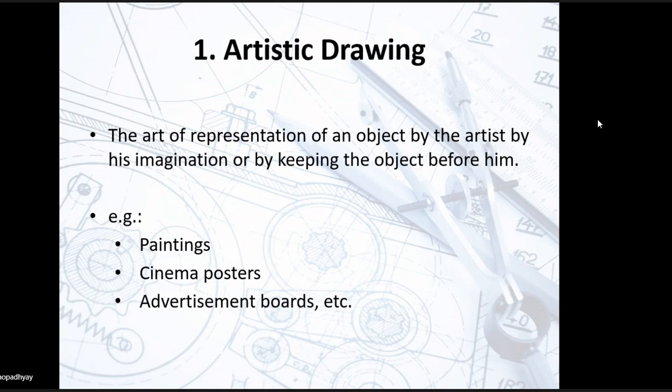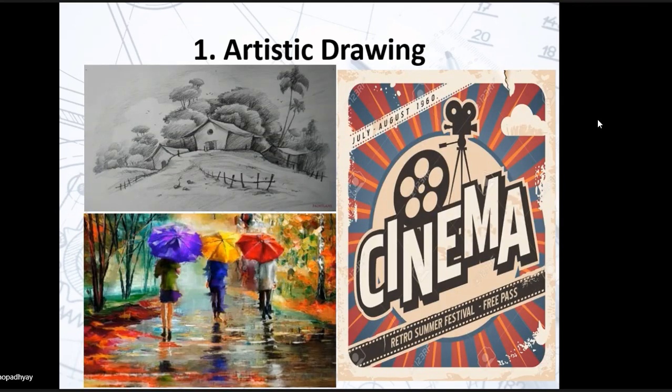So he can imagine something, or he or she can see something, some object before him, he can draw that, right? So that is basically a painting or a poster, and you can see such drawing in advertisement boards, etc. That is your artistic drawing. So these are some examples of your artistic drawing, and many of you are very well familiar with artistic drawing.